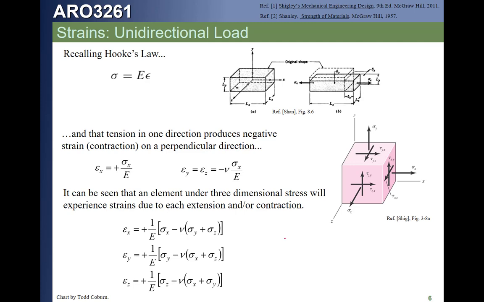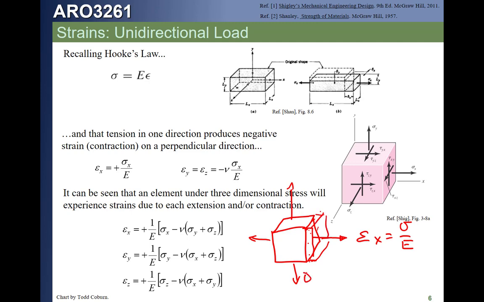What this means is, if we have an element, and if we have a stress in this direction, then the strain in this x direction is simply stress over modulus. So that is how much strain we're going to get, or change in length with respect to length. That's the total strain in the part for a uniaxial load. So that load caused a little lengthening like this.